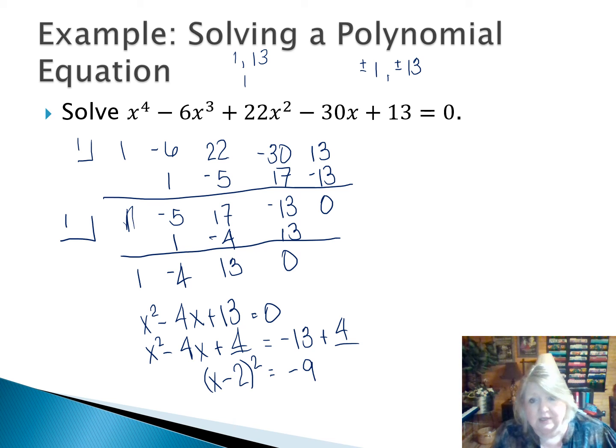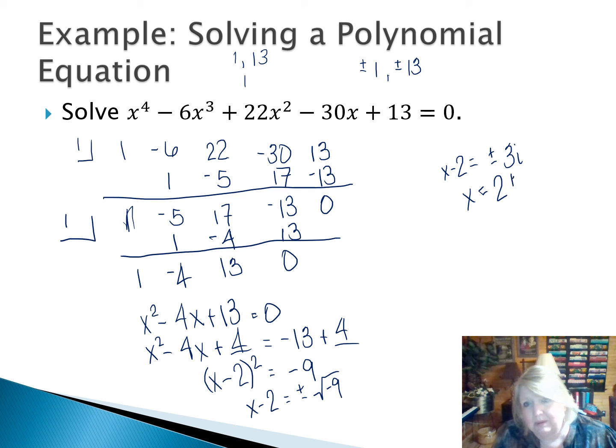So since they squared it, I'm going to take the positive and negative square root, that is to say positive and negative square root of negative 9. I'm going to go ahead and simplify that. That's going to be x minus 2 equals positive and negative 3i. Since it said minus 2, I say plus 2. So it's 2 plus or minus 3i.